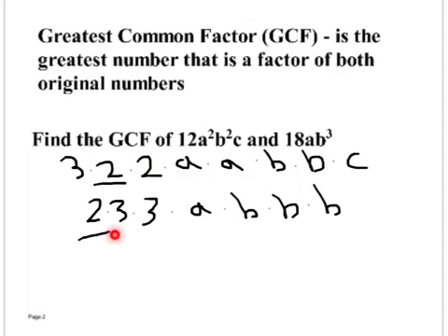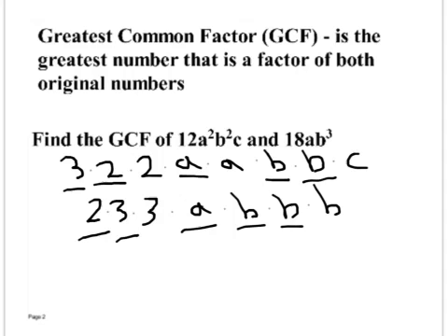No. What about the 3? Yes. The second 3? No. Is a a factor of each? Yes. The second a? No, there's no other a to match up with it. What about b? Yes. The second b? The third b? No. What about c? No.